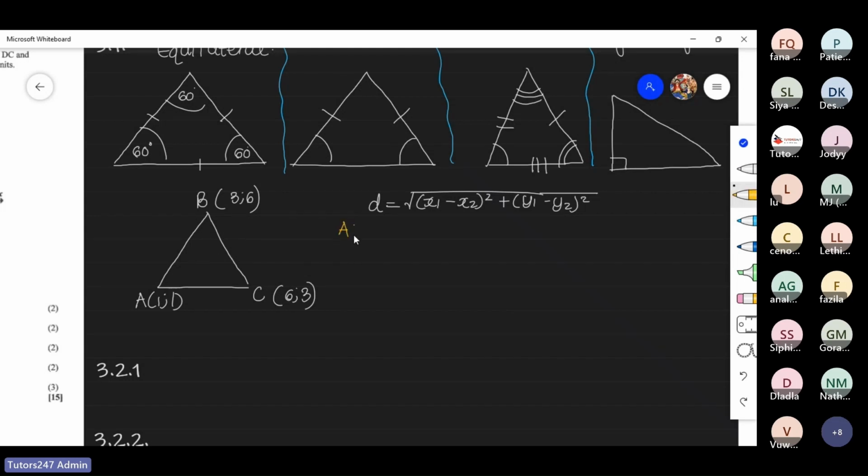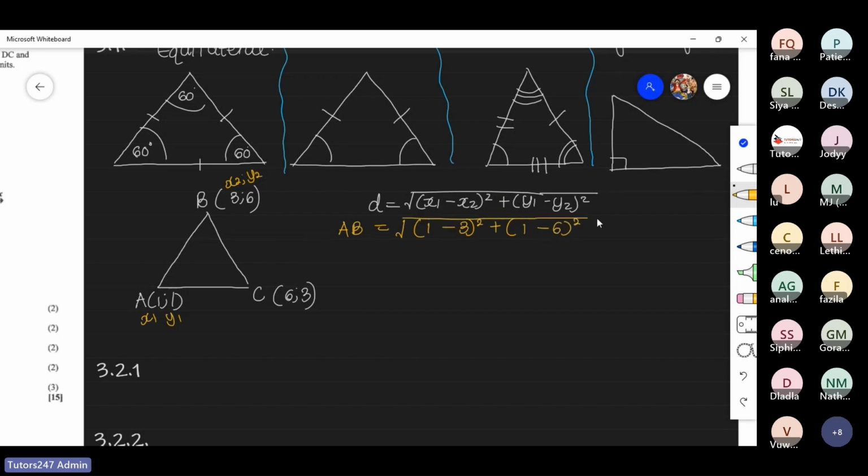So AB, I'm going to make A my x1 and y1 coordinates and B my x2 and y2 coordinates. So x1, which is 1, minus x2, which is 3, squared, plus y1, which is 1, minus y2, which is 6, squared.